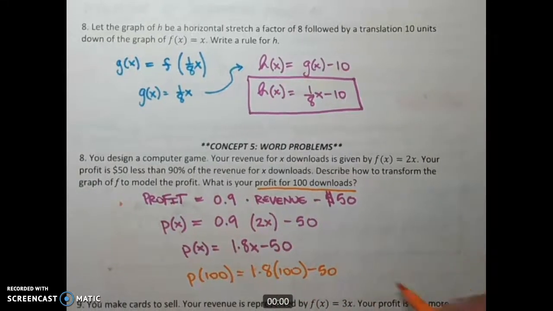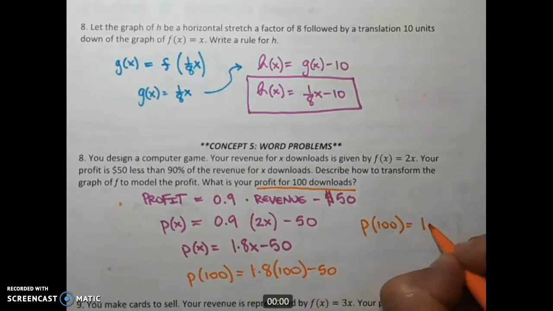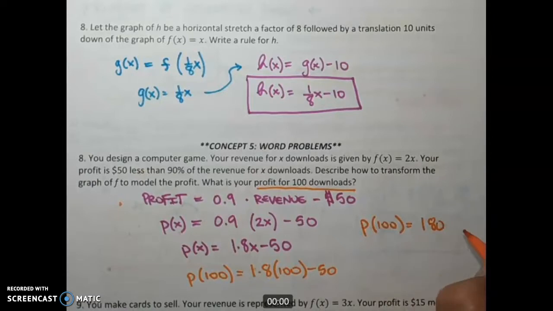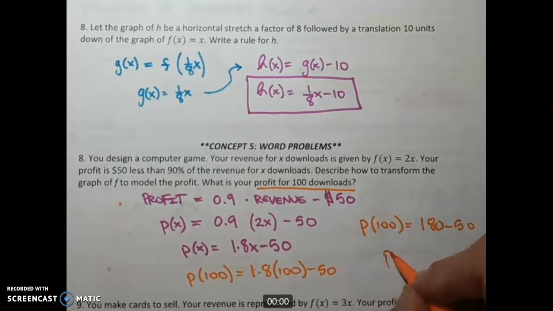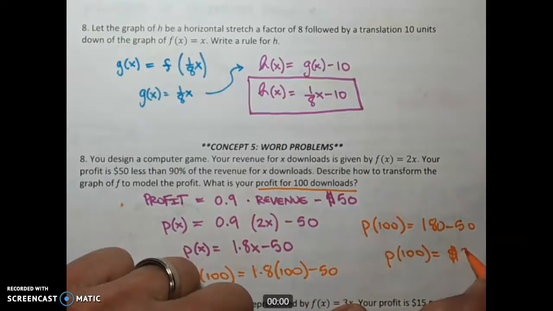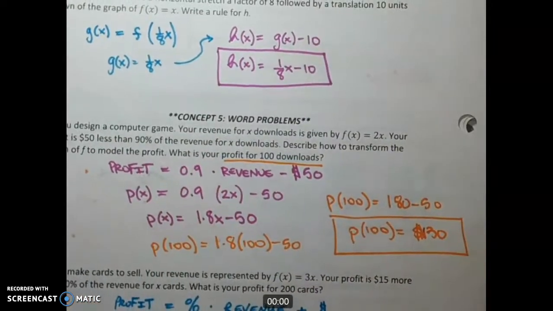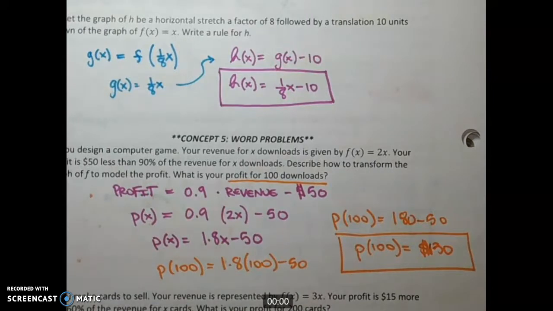P of 100 equals 180 minus 50. And now what is P of 100? That is $130. Sorry, that one was too close. $130.